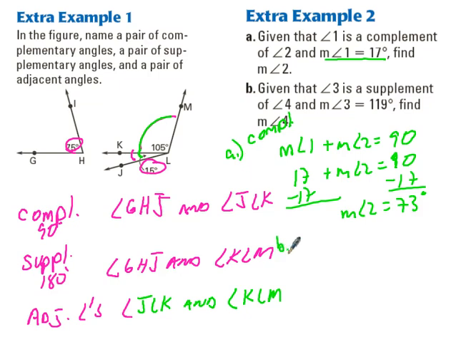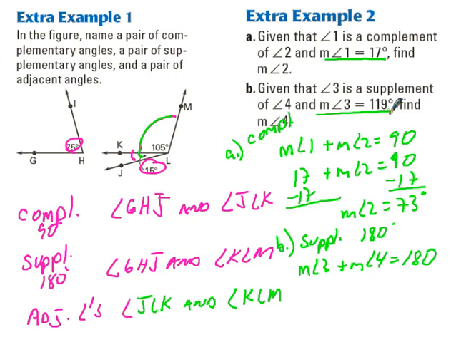In part B, they're asking us, given that angle 3 is a supplement of angle 4, supplement, what does that mean? They sum to 180 degrees. So we have the measure of angle 3 plus the measure of angle 4 equals 180. They told us the measure of angle 3 is 119, so we'll put that in there.